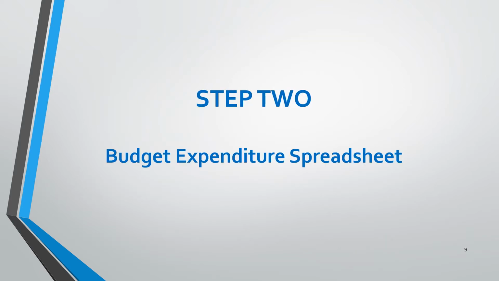The second step, once you've gathered all your invoices, receipts, and service contracts, is to itemize those invoices on the budget expenditure spreadsheet.